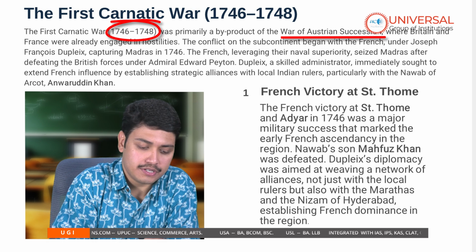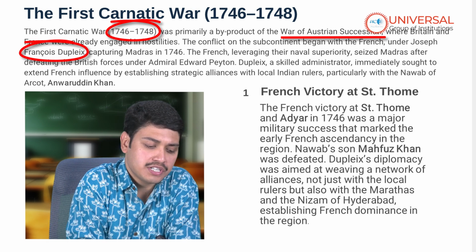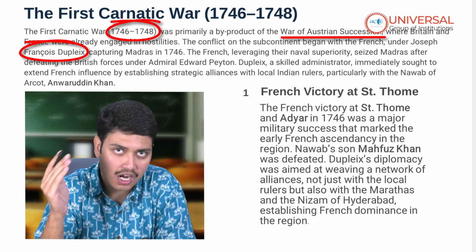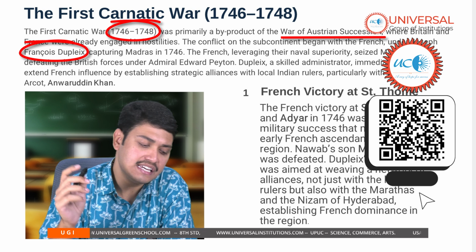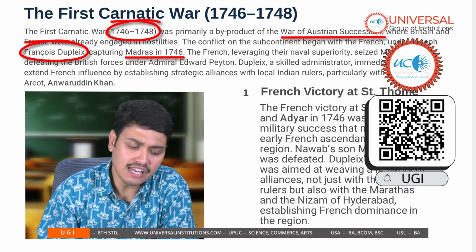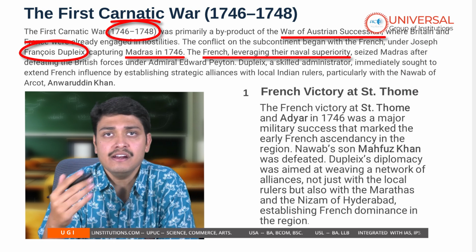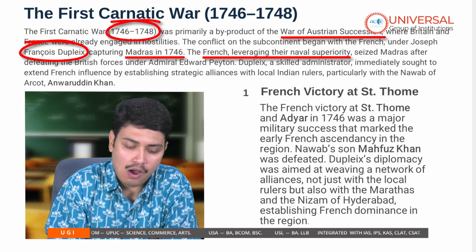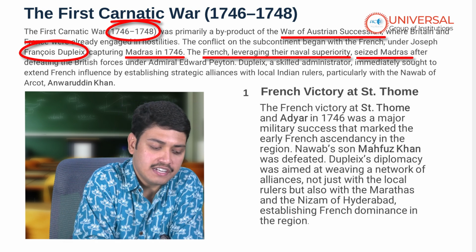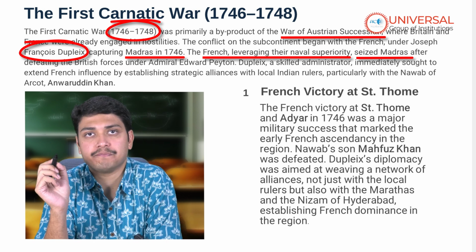So, what happened? François Dupleix, a very important French governor of Pondicherry, captured Madras in 1746. The French, leveraging their naval superiority, seized Madras after defeating British forces under Admiral Edward Dayton.